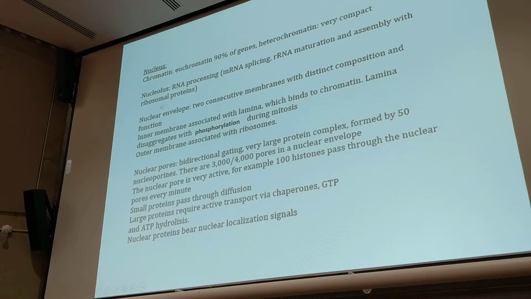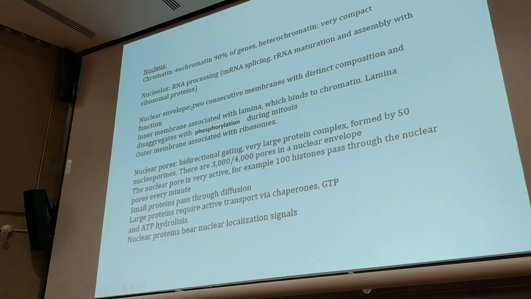Then you have the nuclear envelope, which is made out of two consecutive membranes with distinct composition and function. For example, the ribosomes attach to the outer membrane, right? And there's a lumen in the nuclear envelope inside, which is connected to the lumen of the ER.